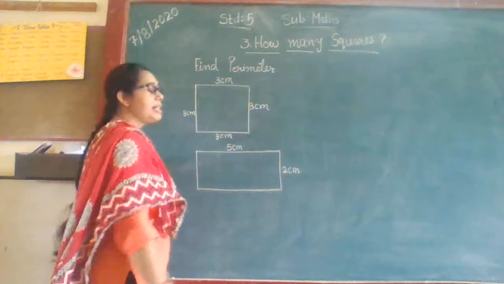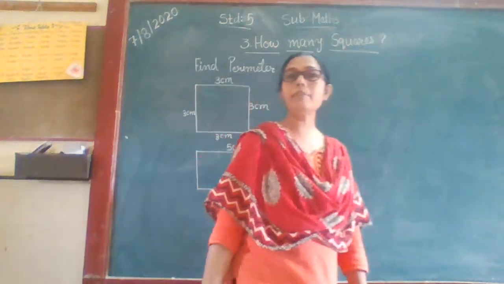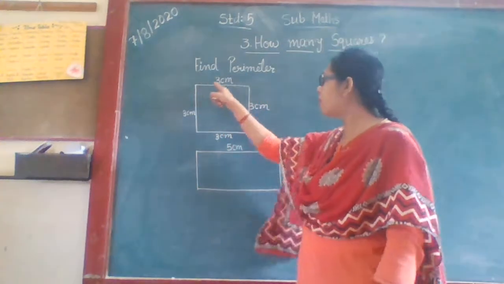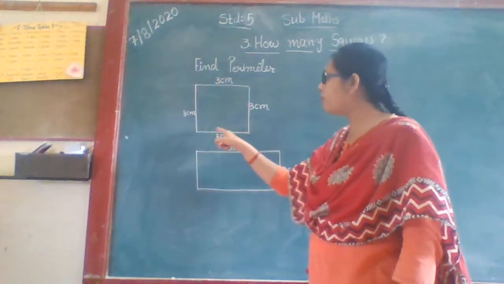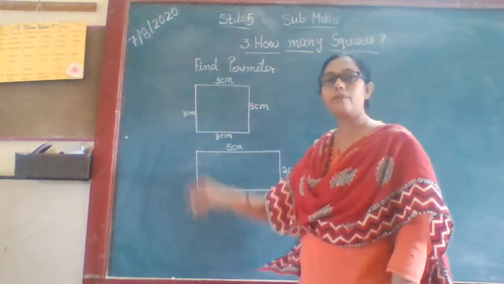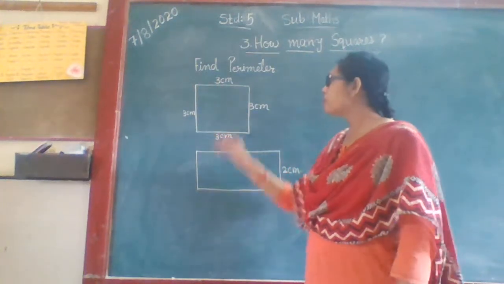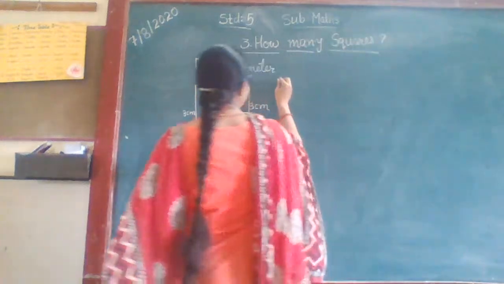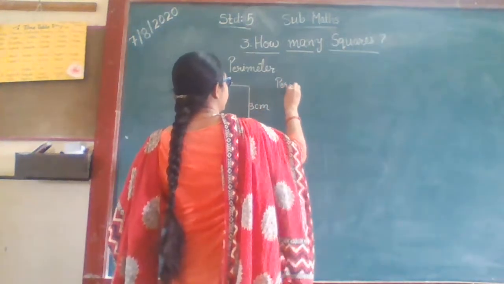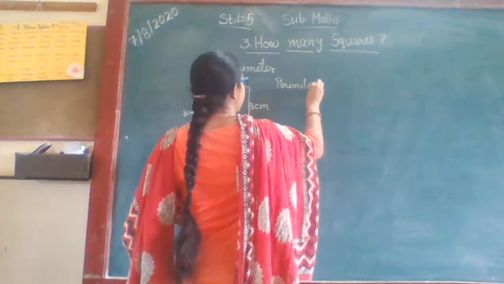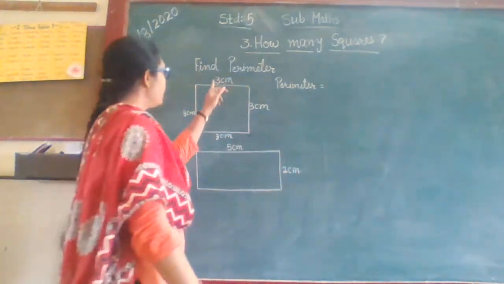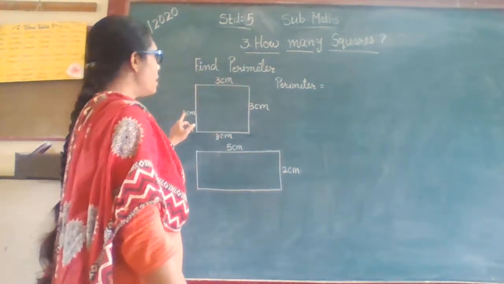And we know that perimeter means the sum of the length of all sides of the closed figure. So here we find the perimeter of the square. Perimeter is equal to, we add all 4 sides.